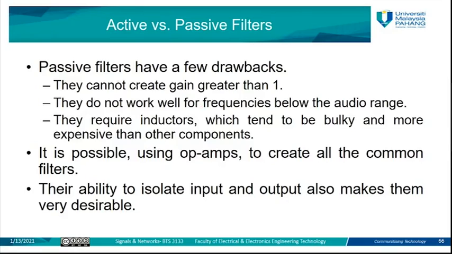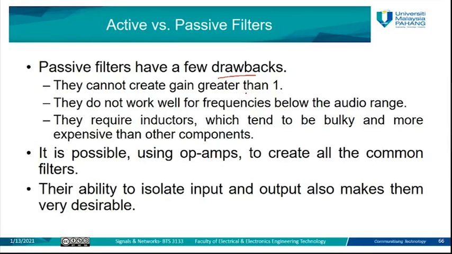The passive filter has some drawbacks. Passive filters cannot create a gain greater than one, because if you have a resistor and capacitor, we cannot generate a gain like in the case of an operational amplifier. The active filter is more flexible in the gain values, so we can adjust the gain of the input signals.